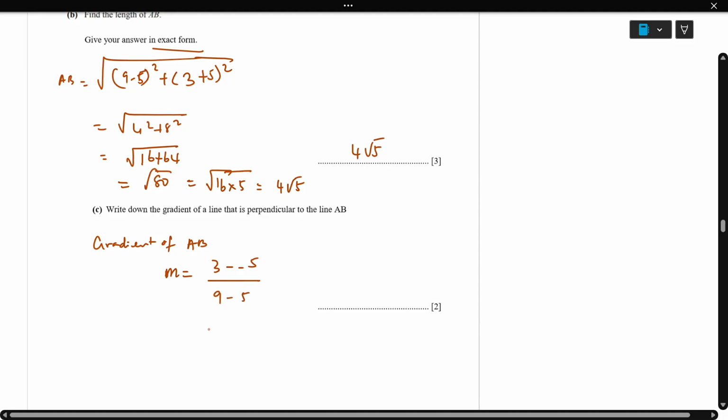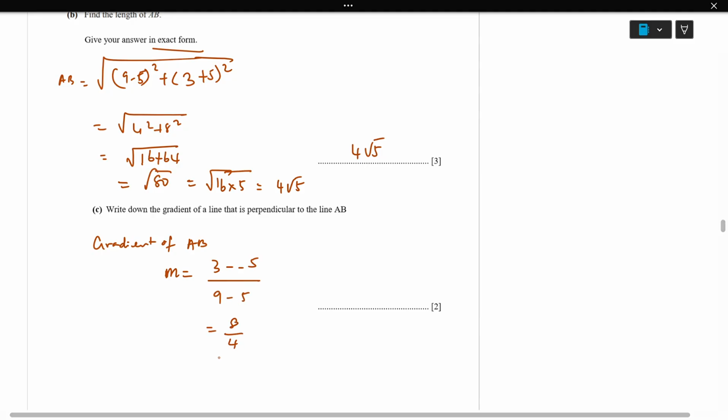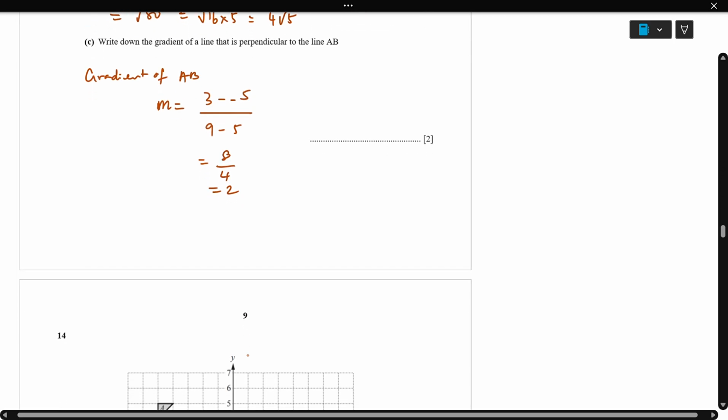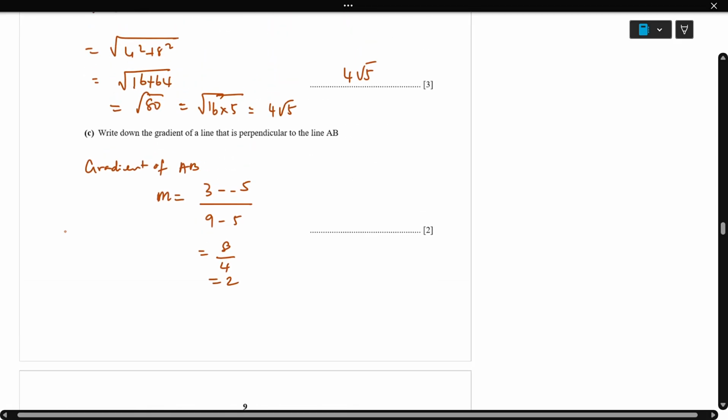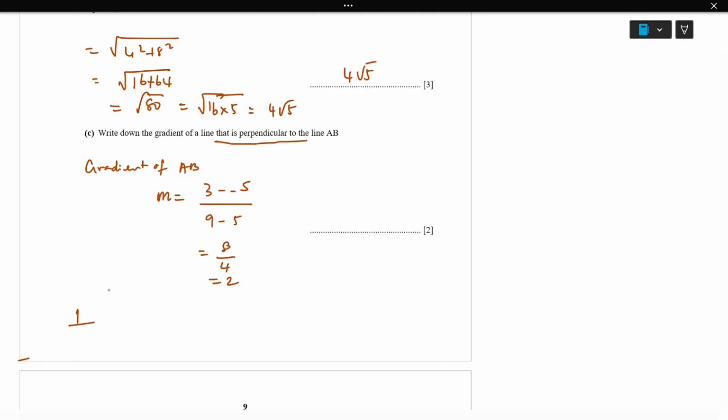That is 8 over 4, which is 2. So the gradient is going to be 2. And now we need to find the perpendicular gradient. The perpendicular gradient is always the negative reciprocal. Negative, then we need to swap it upside down, which is 1 by 2. The answer is going to be negative 1 by 2.